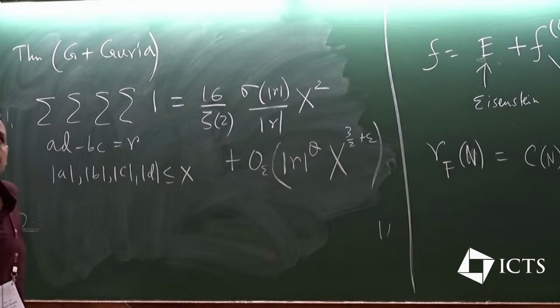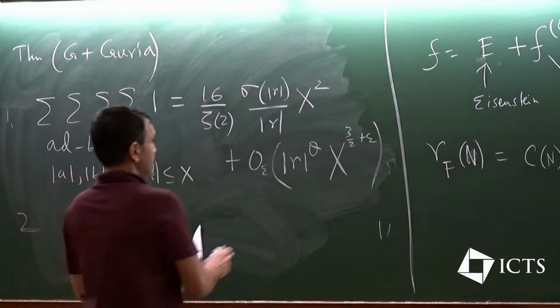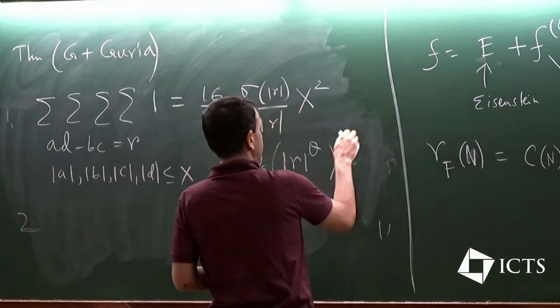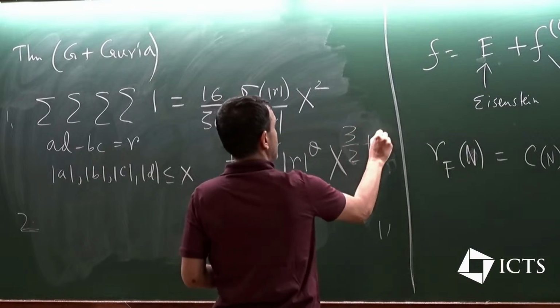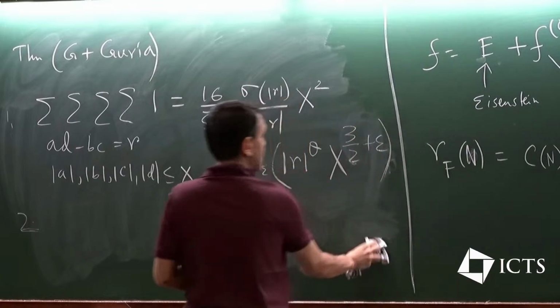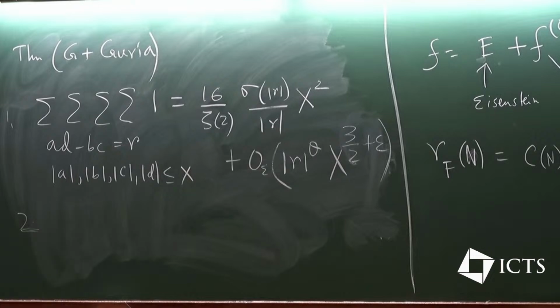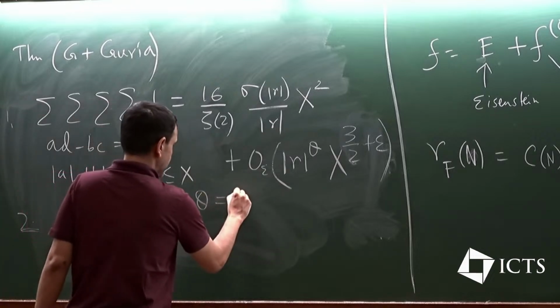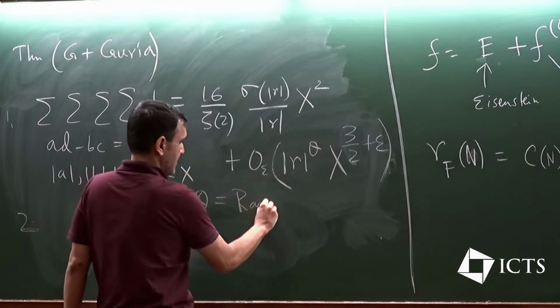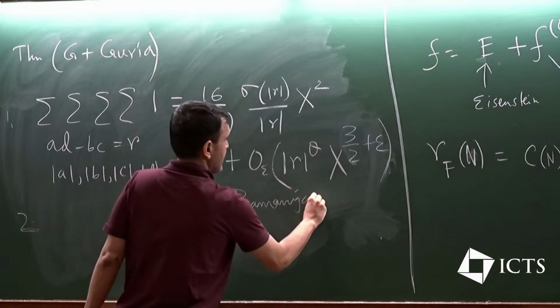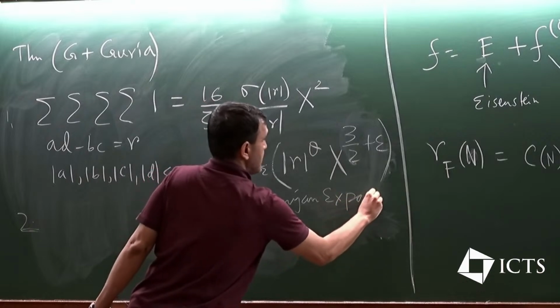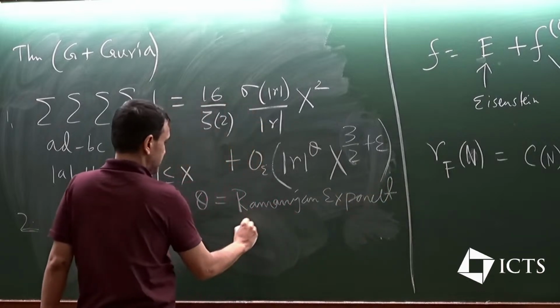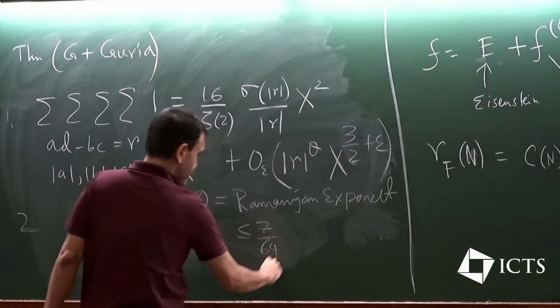Sorry? Yeah, 3 by 2. Yeah, theta. Theta is the Ramanujan exponent. So this is smaller than 7 over 64.